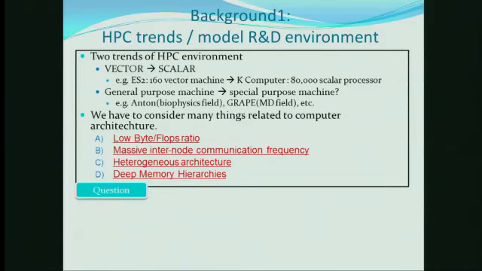So we have to consider many things related to the computer architecture. One is the low byte per flops ratio, massive internode communication frequency, and also heterogeneous architecture related to the deep memory hierarchy or something like that.